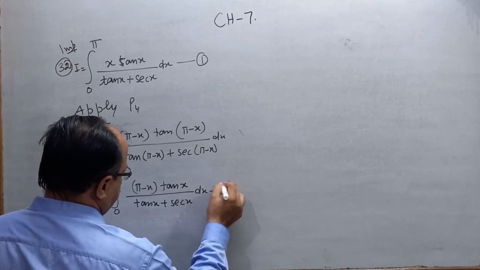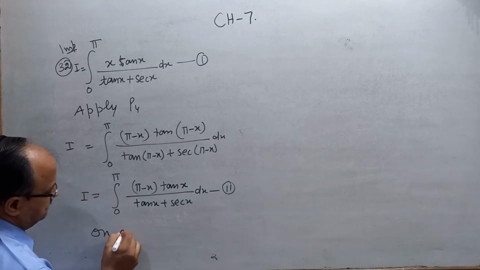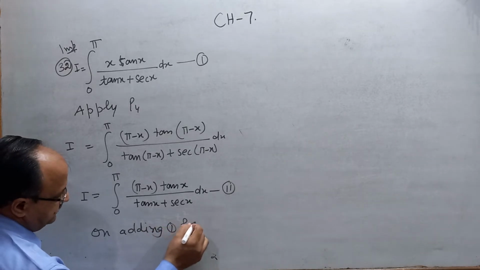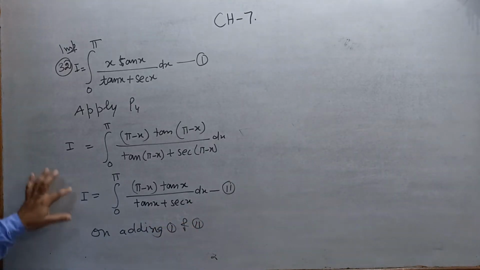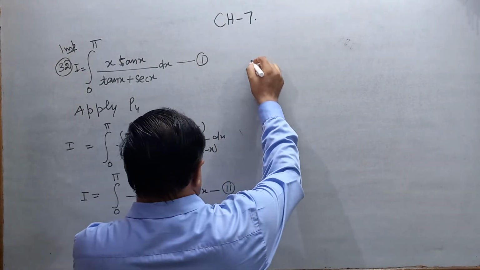This is the second equation. On adding first and second, I plus I is 2I.